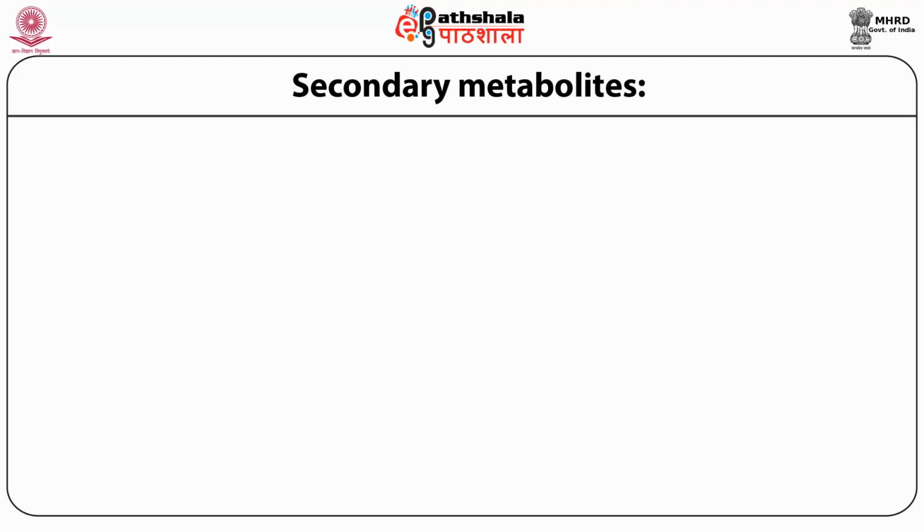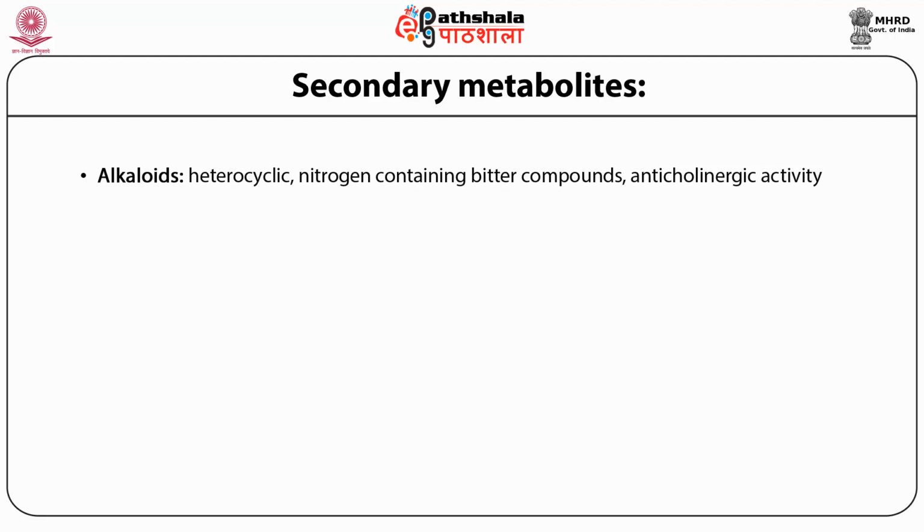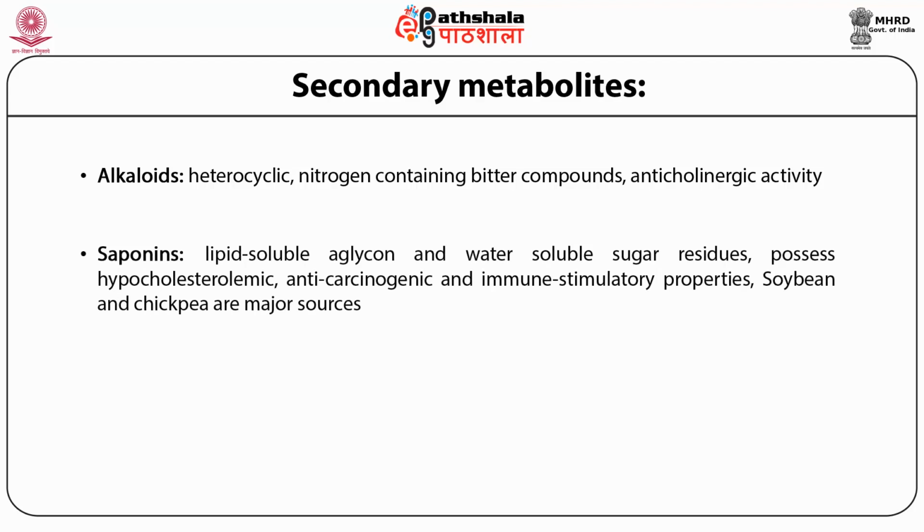The other secondary metabolites are alkaloids. They are heterocyclic, nitrogen-containing bitter compounds that possess anticholinergic activities. Saponins are a lipid-soluble glycan with a water-soluble sugar residue. They possess hypocholesteremic, anti-carcinogenic and immune stimulatory properties.